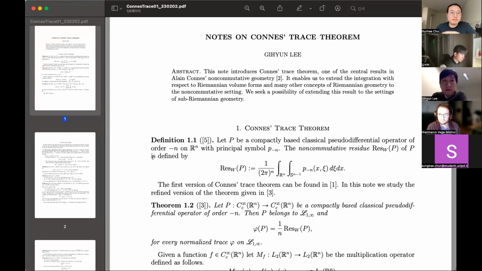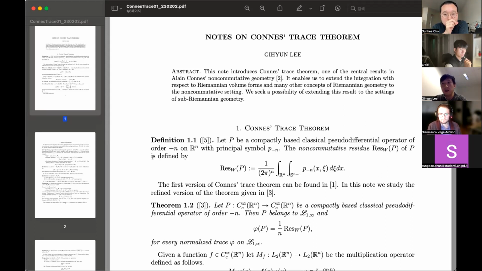As I wrote in my email, at first glance, this topic seems to have nothing to do with sub-Riemannian geometry, but the goal of all my presentations is to introduce some interesting results from non-commutative geometry, which apply to the settings of Riemannian geometry.